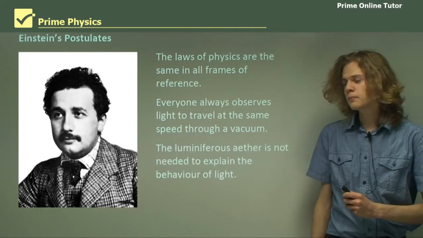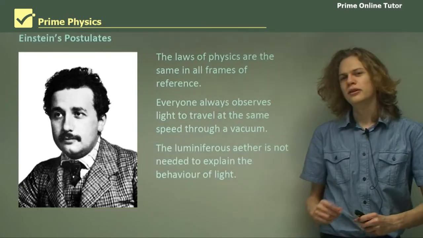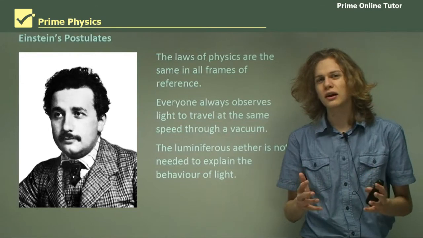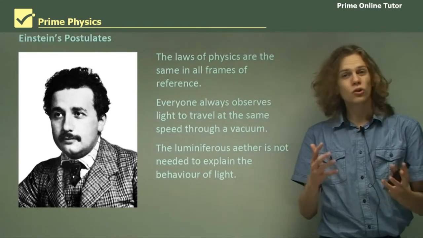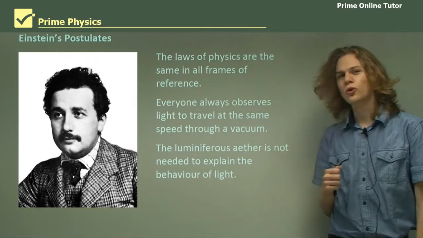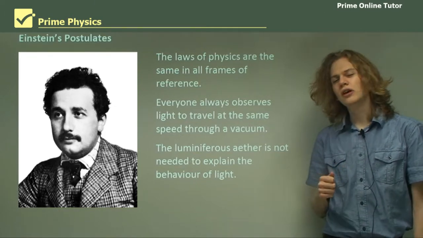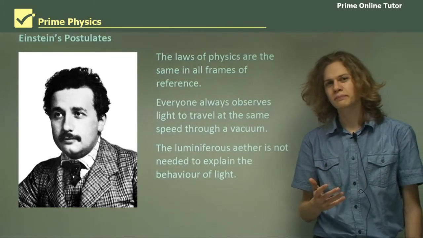And finally, the luminiferous ether is not needed to explain light. If it was needed, then the second postulate could not hold true, because the speed of light would be affected by the speed of the ether.